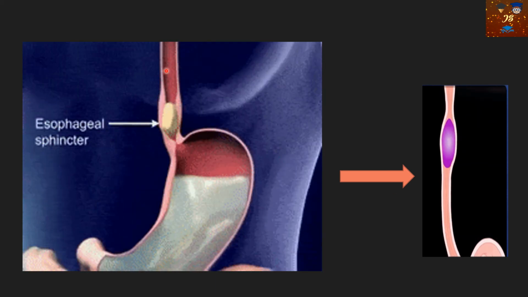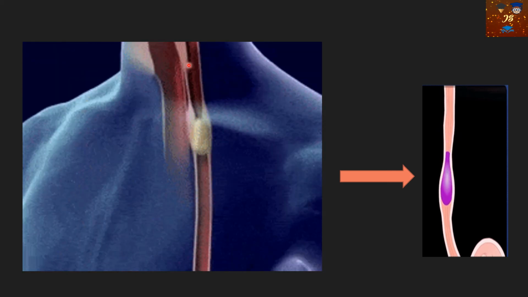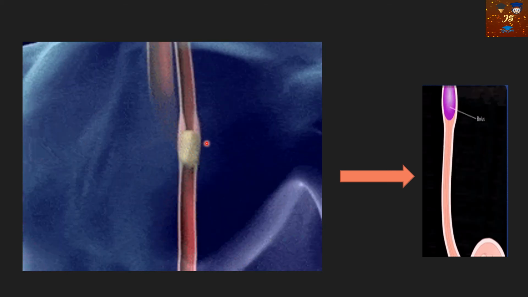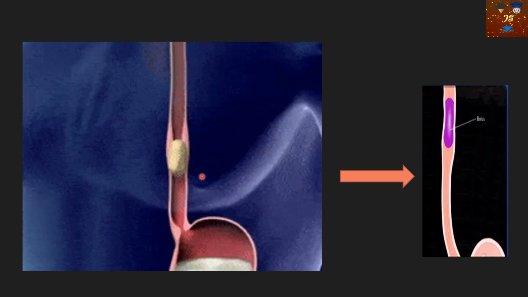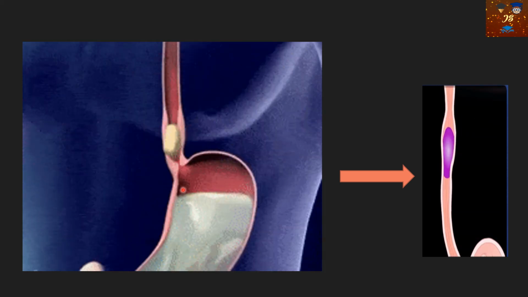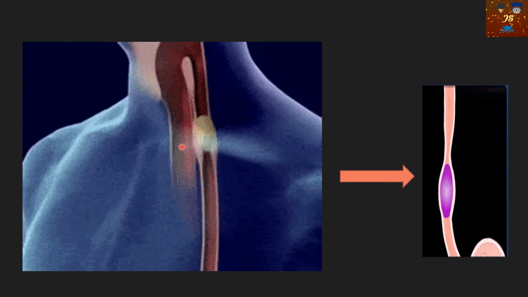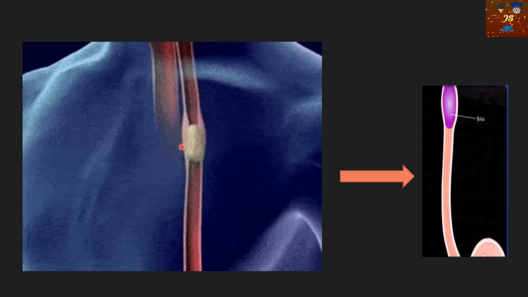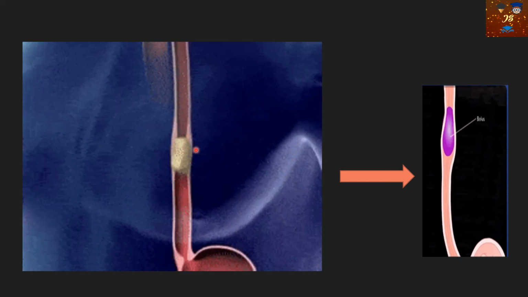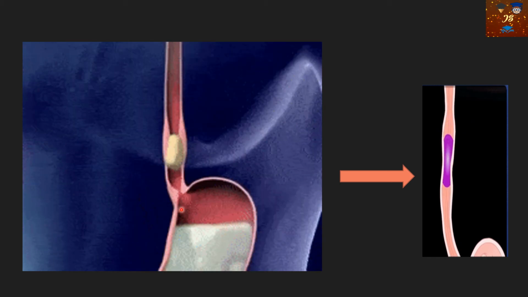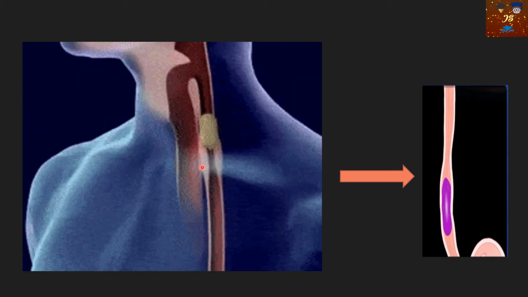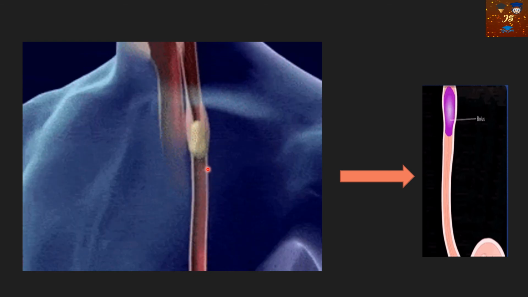And in this way, the food from the mouth through the esophagus by the peristaltic movement, by opening the esophageal sphincter, this is the esophageal sphincter, enters into the stomach. Let's see again. Food is coming down through the esophagus. This is the esophageal sphincter. You can see here, and in the stomach.